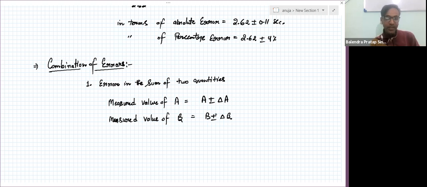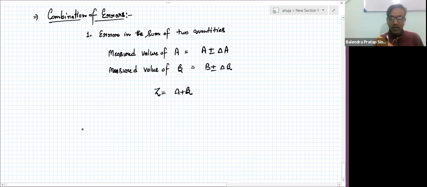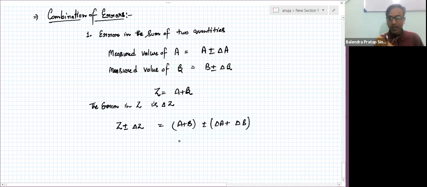If you add these two bodies, Z is equal to A plus B. In this case, the error in Z is delta Z. So you can write Z plus minus delta Z is equal to A plus B plus minus delta A plus delta B. This is the formula.